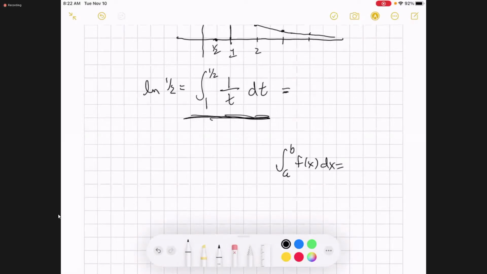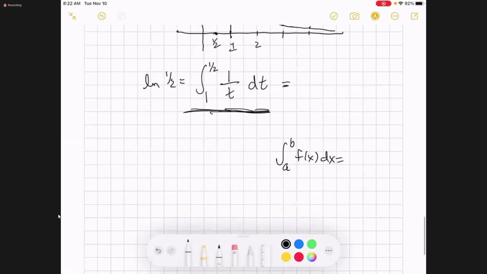If you have the integral from a to b of f, we were assuming the function f was continuous on the closed interval from a to b, okay? But we also said you could flip the endpoints, and the definition of integral still made sense, but it put a minus sign in front of it. You remember that?